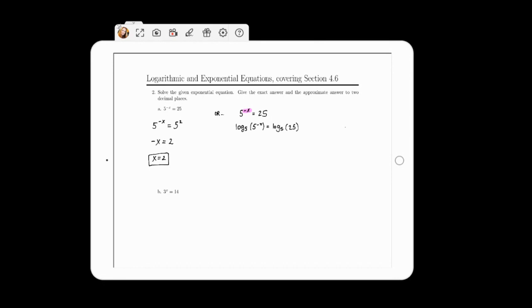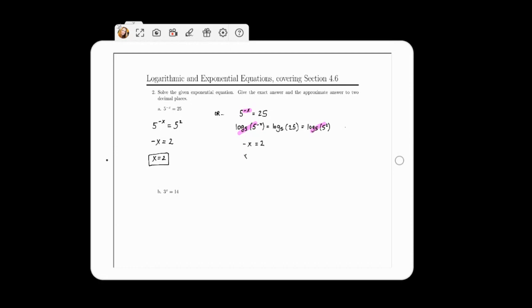The reason that we do this is because now we applied the function and its inverse, we composed them, so they cancel. Therefore, on the left-hand side, we only have minus x. And on the right-hand side, we have the log base 5 of 25, which we know is the log base 5 of 5 squared. So again, these cancel, and that equals 2.